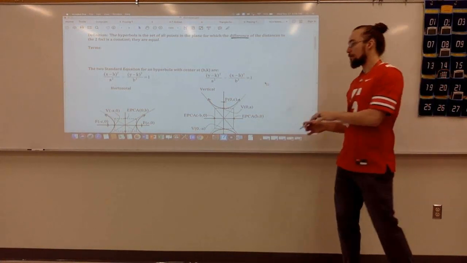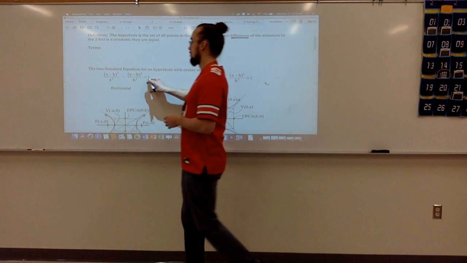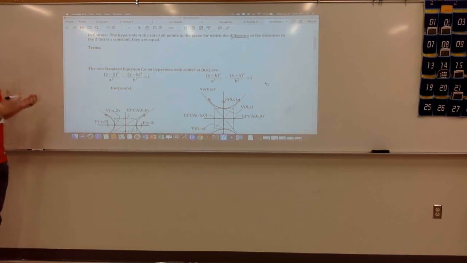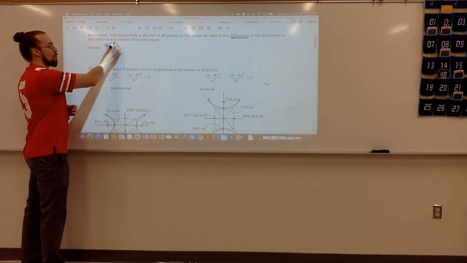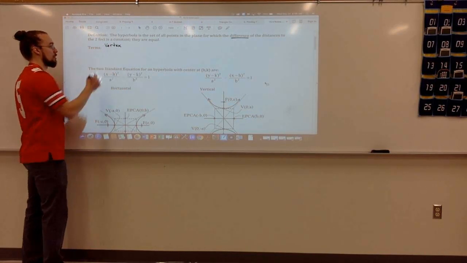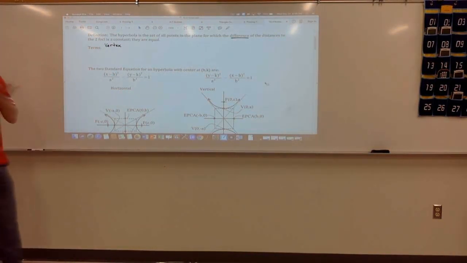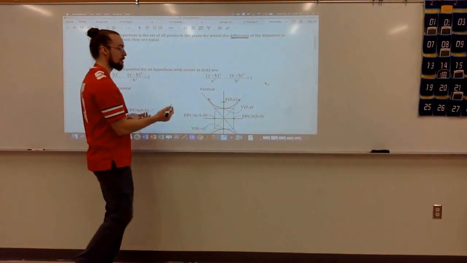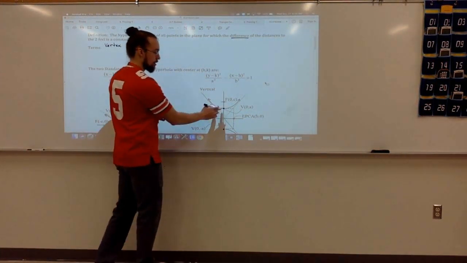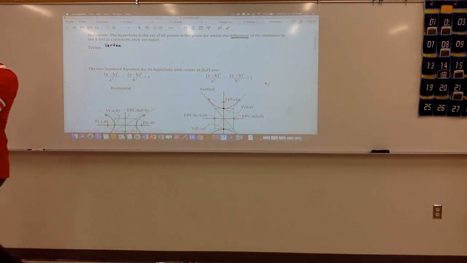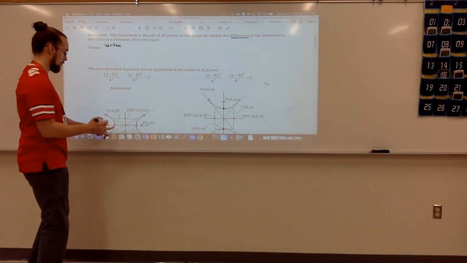Before we get into dissecting the equations, we do have a couple of terms. We've already talked about a vertex. A vertex is the same idea that we talked about with parabolas. The vertices are these points here.